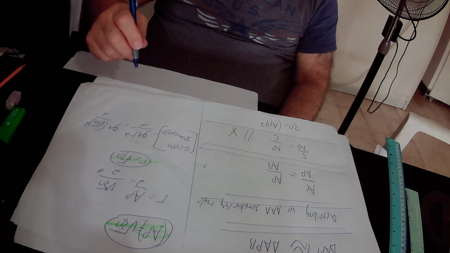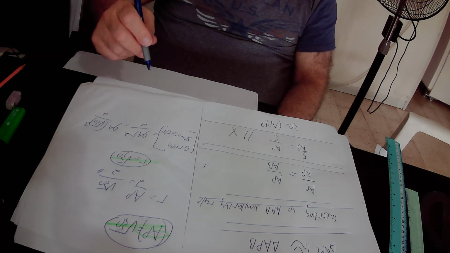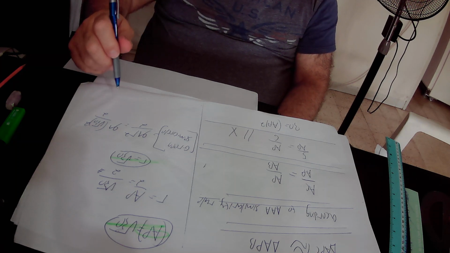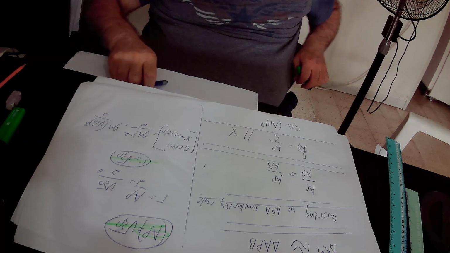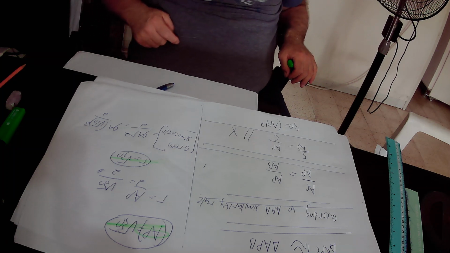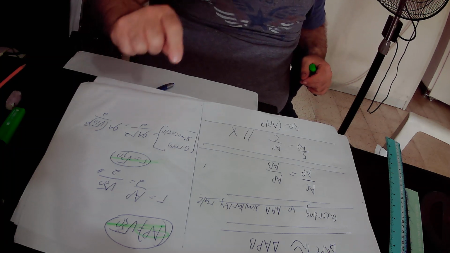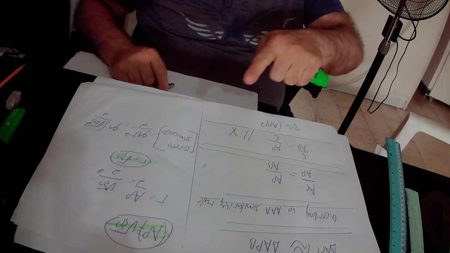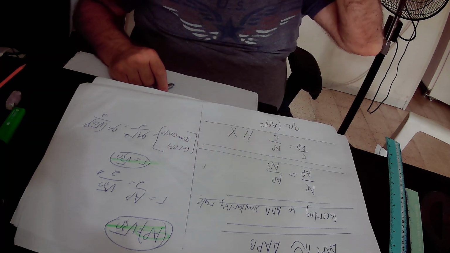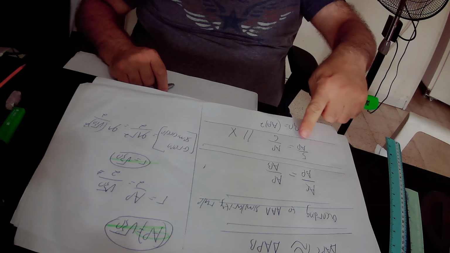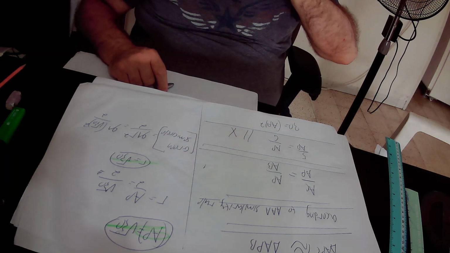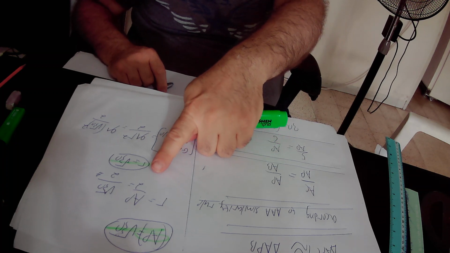So here, the area of the green semicircle equals pi. Here we have the radius. 30 equals AP squared, therefore AP equals the square root of 30, and the radius is AP over 2.